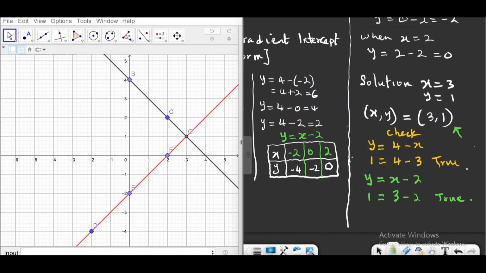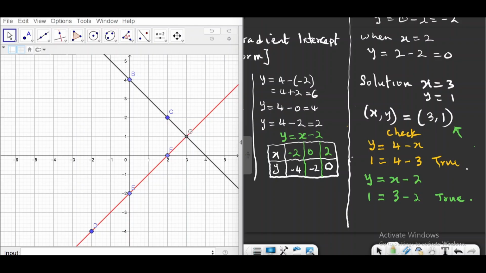So guys, this is how we use straight lines to determine the solution of a pair of simultaneous linear equations. Do not forget, first ensure the given equation is in gradient-intercept form.